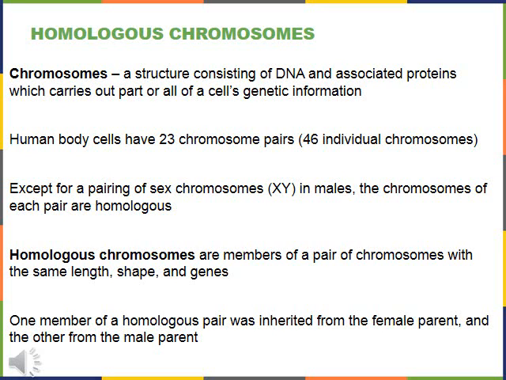The human body has 23 chromosome pairs, 46 individual chromosomes, and they're numbered 1 through 22 on a karyotype. If you remember, there's a picture of it in this presentation, the slide that looked like all the different colored lines.